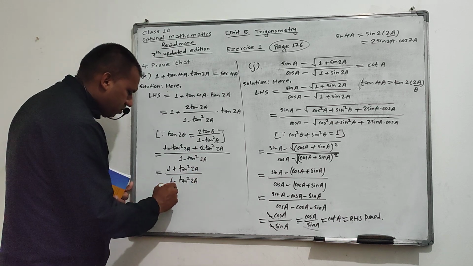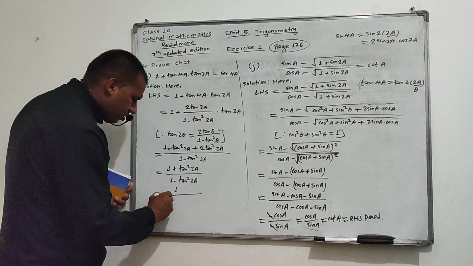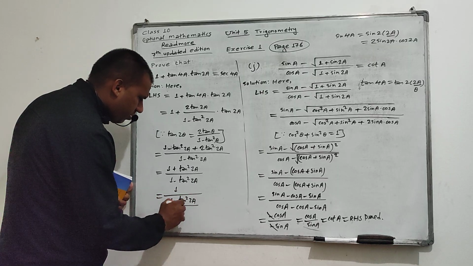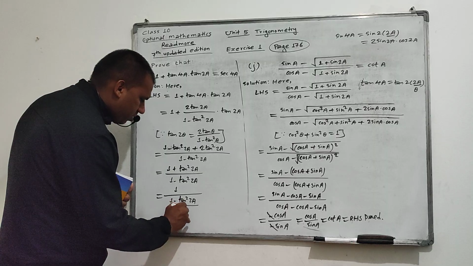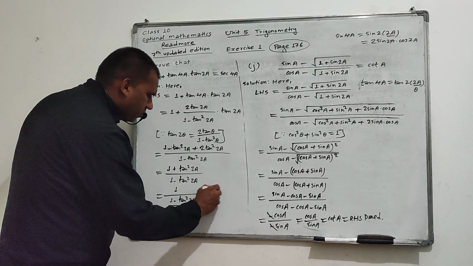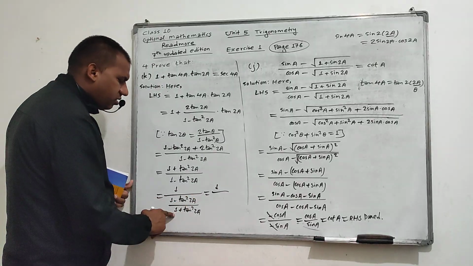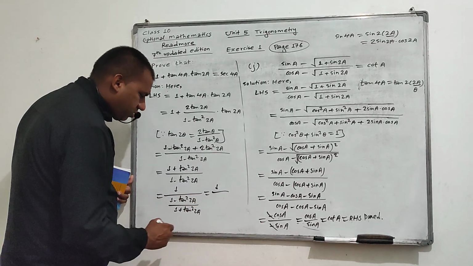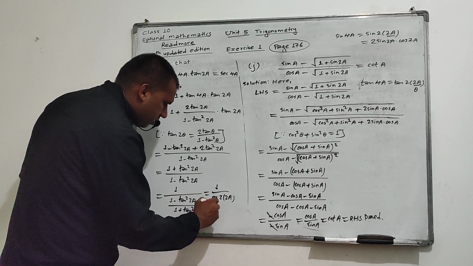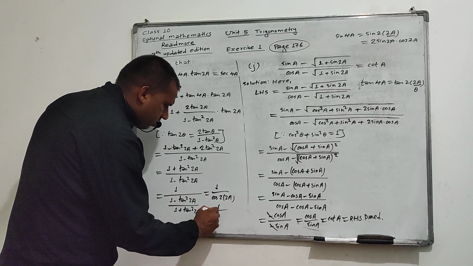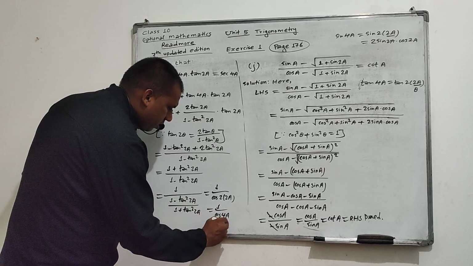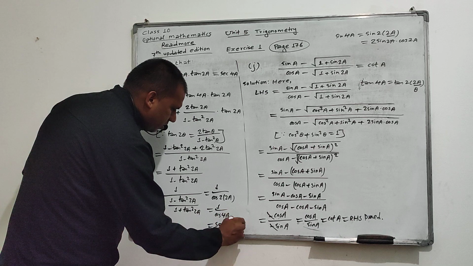This equal to 1 whole upon 1 minus tan square phi upon 1 plus tan square phi. Now this equal to 1 minus tan square theta upon 1 plus tan square theta, that is the pattern of cos 2 theta. So this equal to 1 by cos 4a, 1 by cos, that is sec 4a equal to RHS.